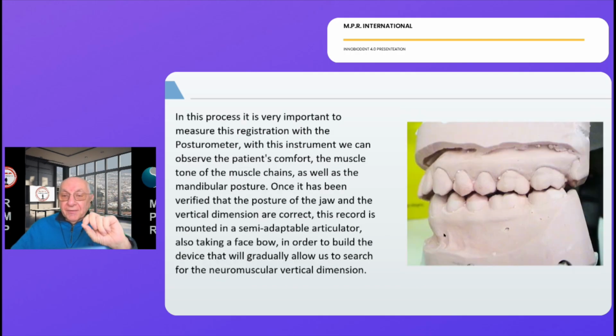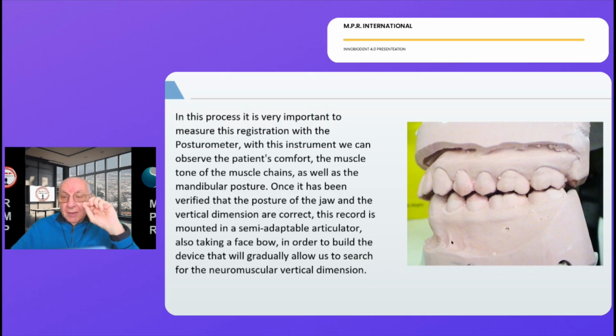During this phase of the protocol, it is essential to perform a precise measurement of the vertical registration with the posturometer. This instrument provides an objective and reproducible method to evaluate critical parameters for establishing the correct neuromuscular vertical dimension.